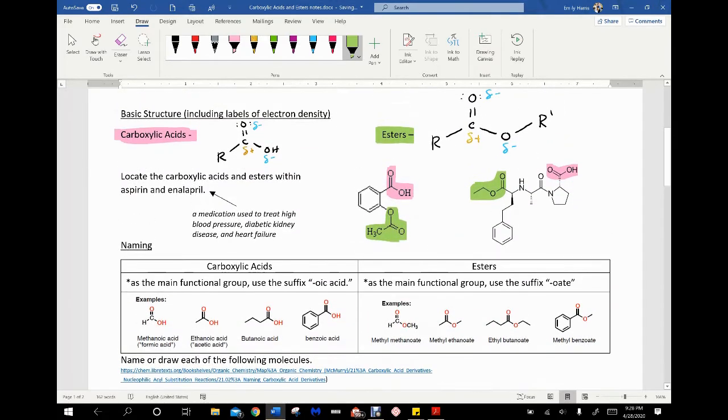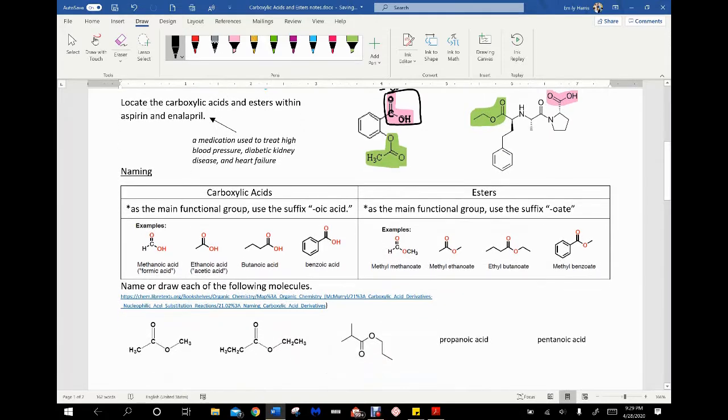And just while I'm thinking about it, sometimes if a book or a website is trying to save space, instead of drawing out the full carboxylic acid group, they may just abbreviate it as COOH. And so what that stands for is you've got your carbon there, you've got your 2 oxygens and your hydrogen. So if you see something that looks like COOH, then that's just referring to a carboxylic acid. So anyways, just throwing that out there while that was on my brain.